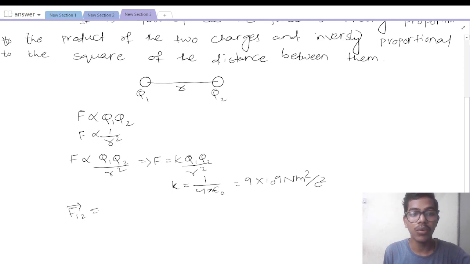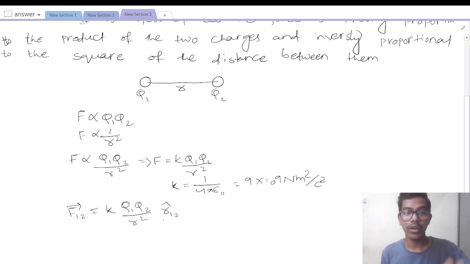Like F12 is the force on charge 1 due to charge q2, that is F12 is equal to k q1 q2 by r square into r12 cap, where r12 is r1 minus r2.